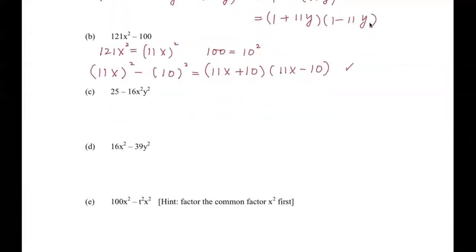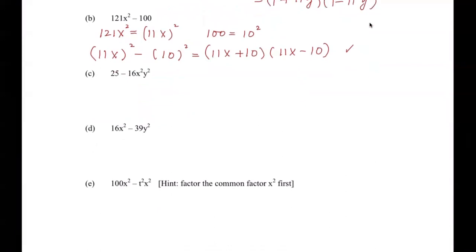Let's look at question C. Question C is a little bit more complicated, but the method is the same. 25 minus 16x squared y squared. 25 can be written as 5 squared, right? 16x squared y squared can be written as, 16 is equal to 4 squared, right?